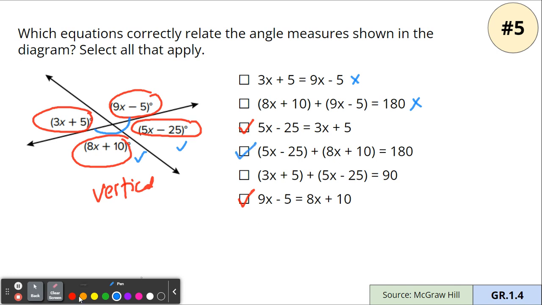So that is also correct, because they are supplementary. Okay, for the next one, 3x plus 5 plus 5x minus 25. Again, they are vertical, so they are not equal to 90 degrees because they are equal. Okay, so that's why we have to remember the angle relationship so that we can make some conclusion out of our diagram.